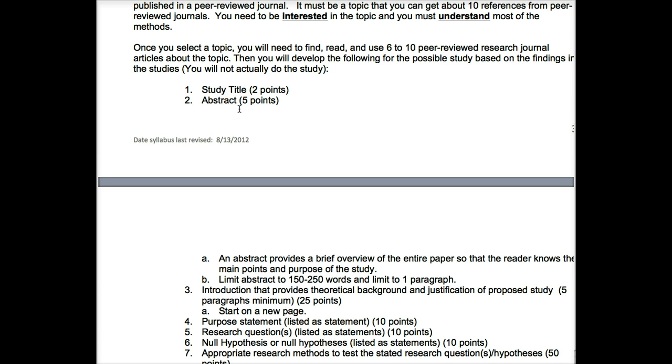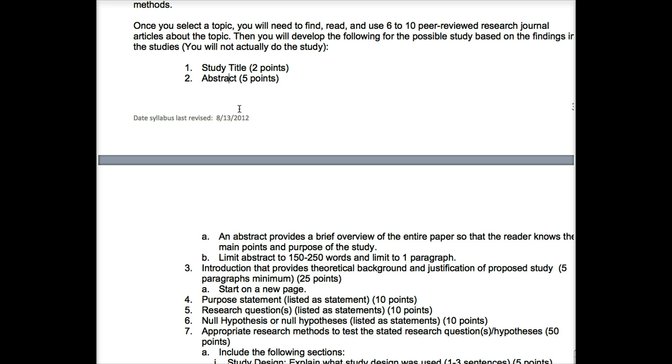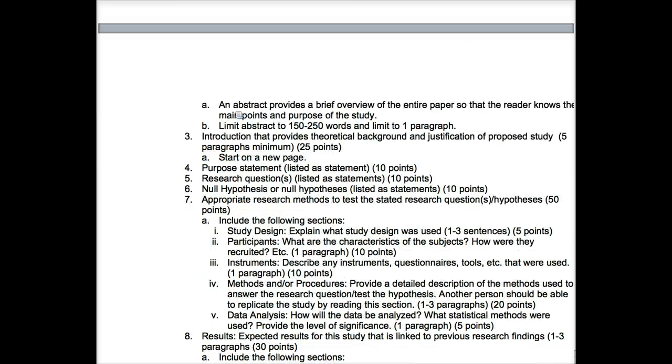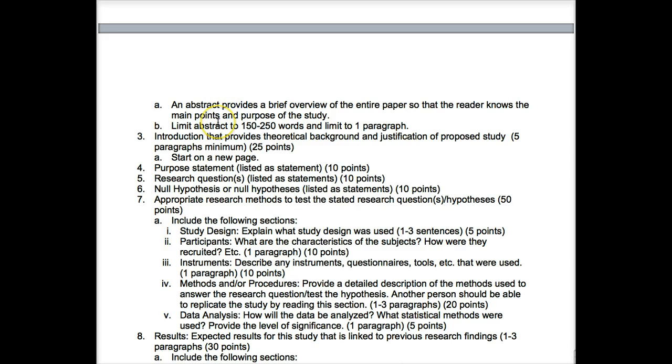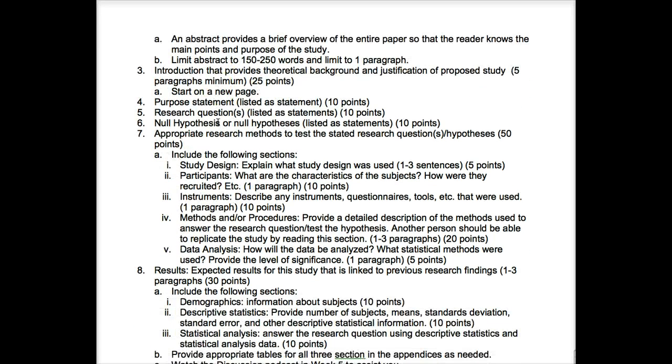Abstract is titled abstract, as you'll see in some of the APA guides that I have provided you in the class. So the abstract is just a brief overview of the entire paper, so that the reader knows the main points and the purpose of the study. So it's very short. It's 150 to 250 words, and it's only 1 paragraph in length.